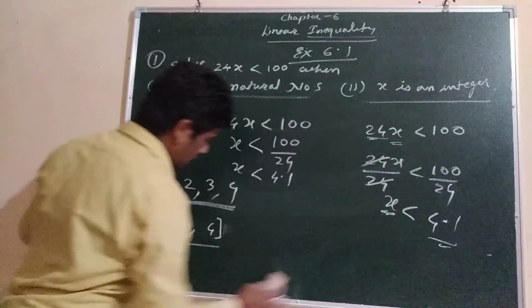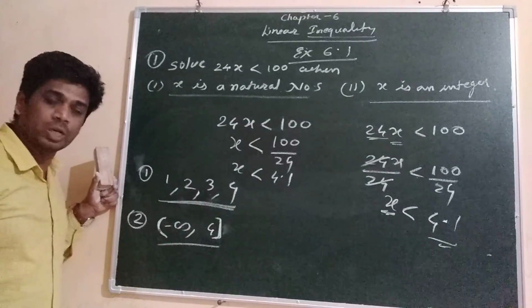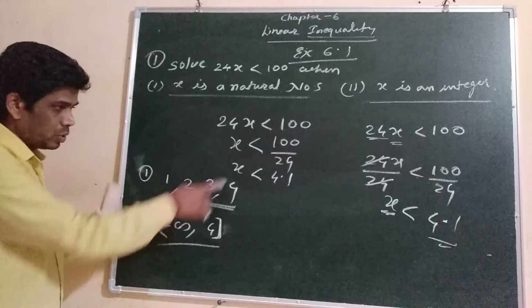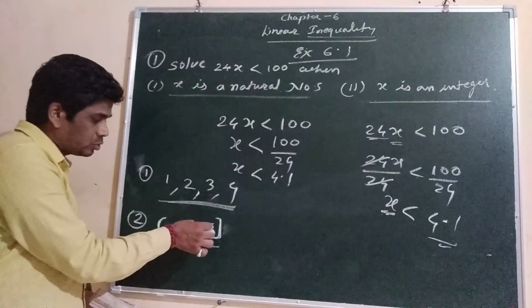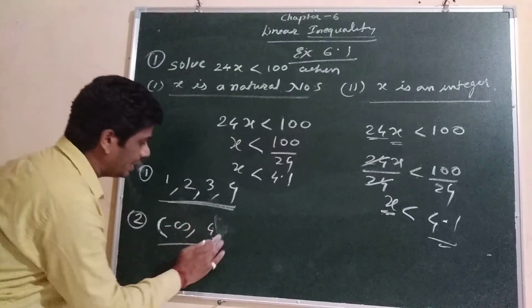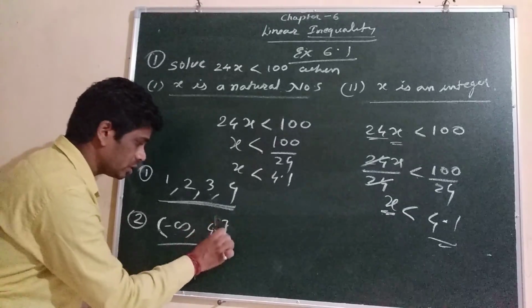This symbol represents the closed interval, which means it includes this number. Less than 4.1 we have taken, so that's why 4 will also come in this. Or we can write 4.1, but since we have to write integers, we'll write this one.